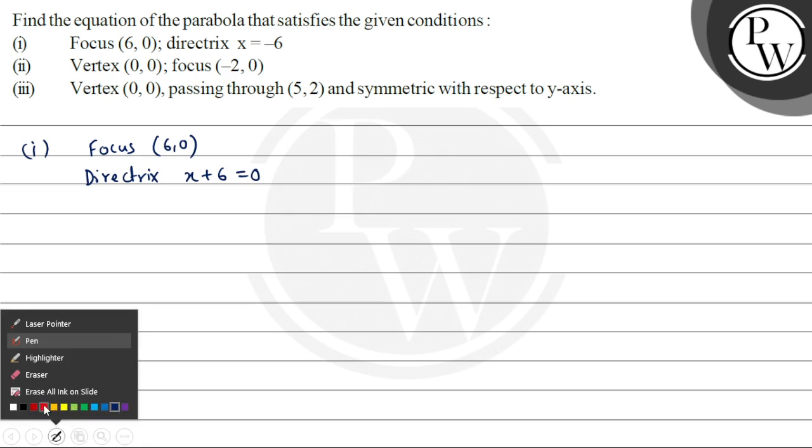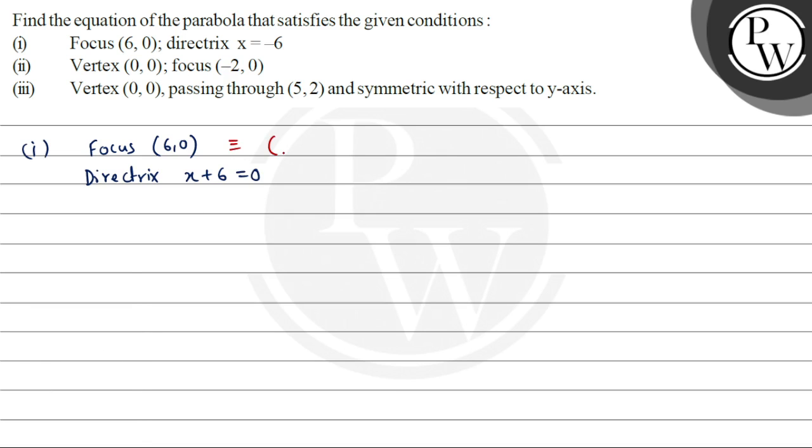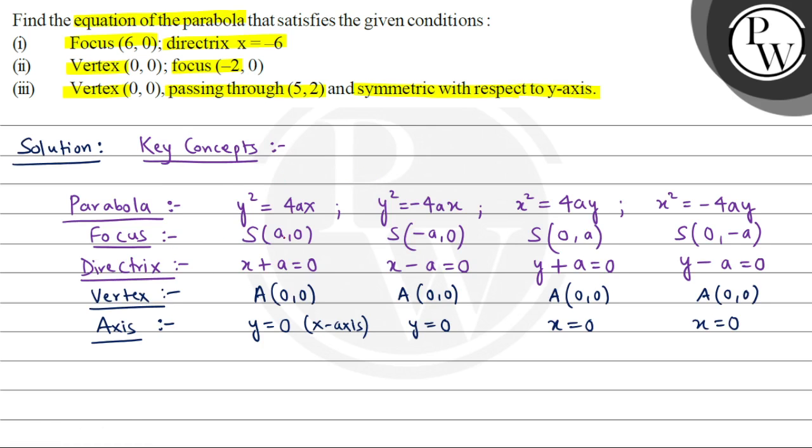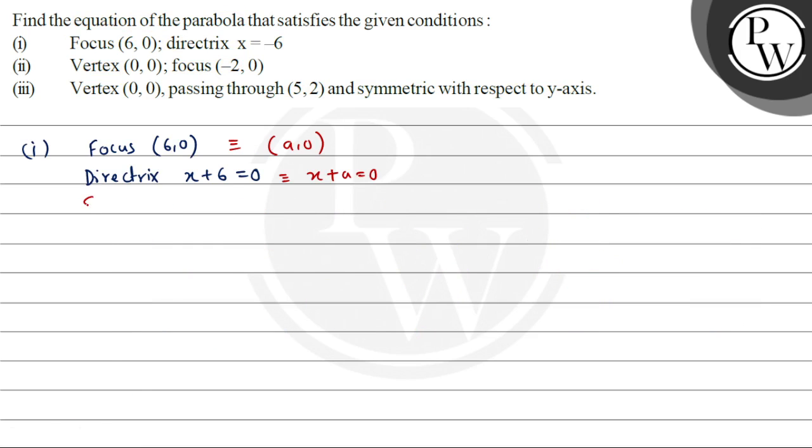Now we compare this with a comma 0 and x plus a equals 0, right? So the equation of the parabola is of the form y square equals 4ax.